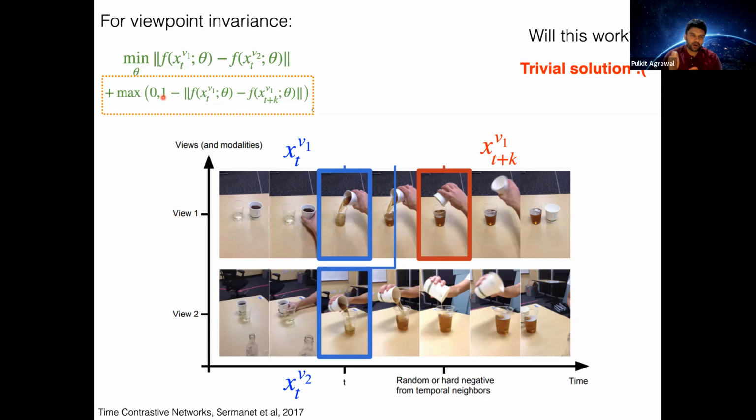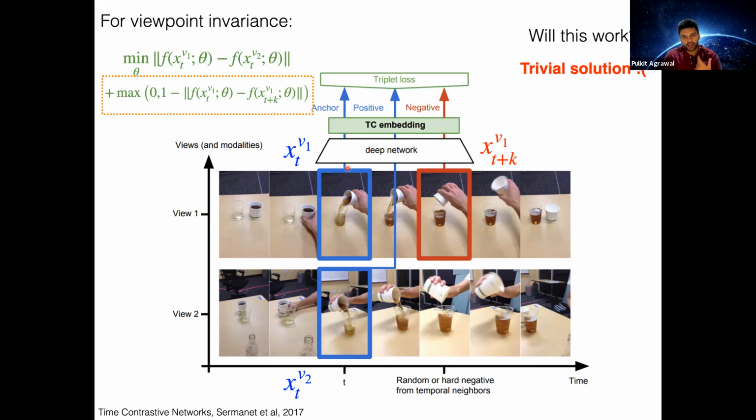So what you're saying is I want to have a margin, and I want the distance between features to be greater than a margin. And this is what is known as a triplet loss. Why is it a triplet loss? Because I have one image, which is my anchor image, and then I have one frame from a different viewpoint, which I call a positive frame. Why is it positive?